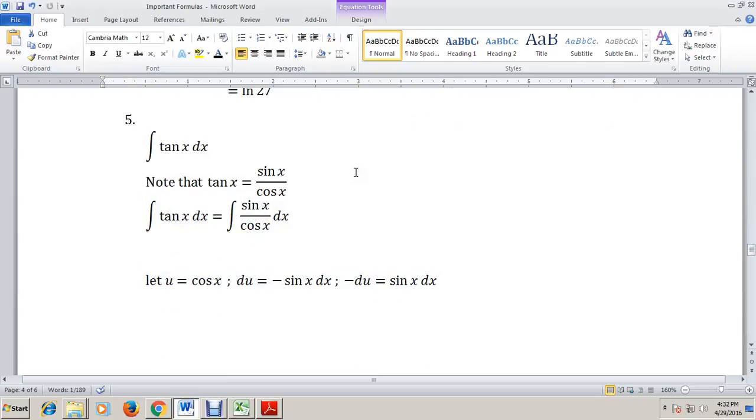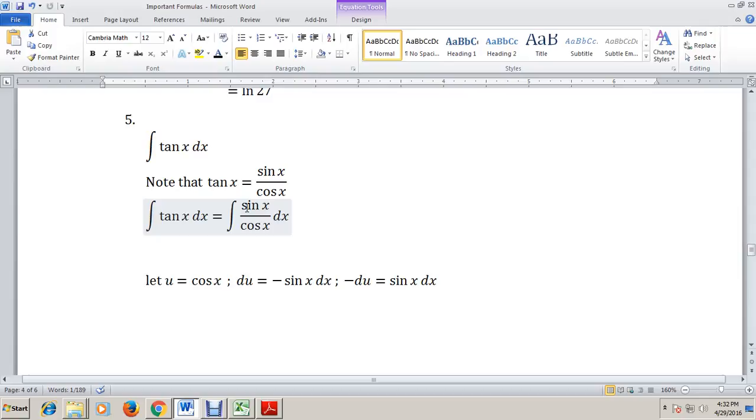Okay, so before we proceed, we take note that in our trigonometry, we know that tangent is equal to the ratio of sine over cosine. So if we're going to replace tangent x with sine over cosine, we will have this form of the integrand. Now, if we let u equal to cosine x, and we get du, the derivative of cosine is negative sine x dx.